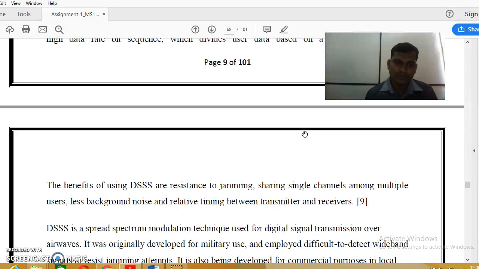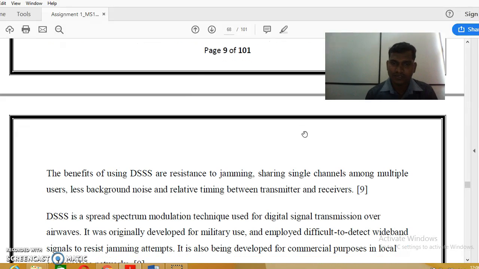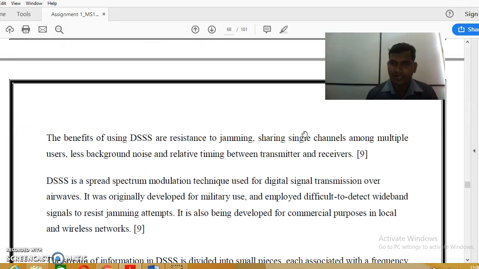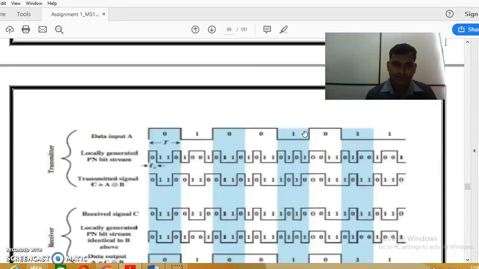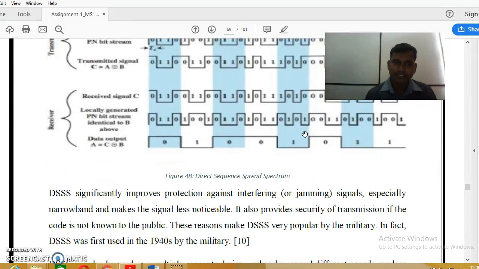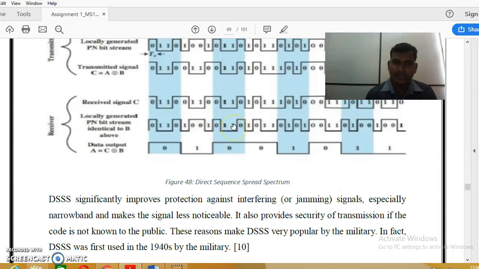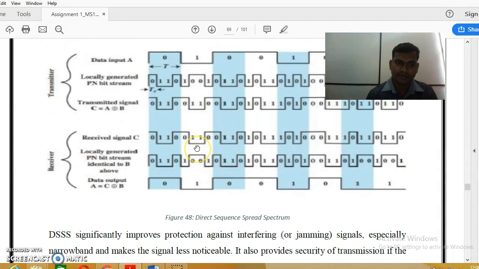The benefits of using DSSS are resistance to jamming, sharing a single channel among multiple users, less background noise, and relative timing between transmitter and receiver. This is the figure for direct sequence spread spectrum.